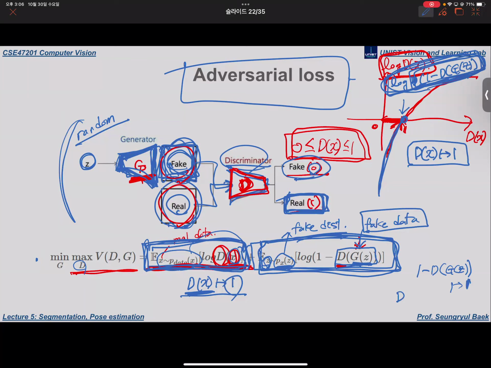Then it means D of G of Z has to go to 0. So this means when you input the fake data to the discriminator, the discriminator's output has to go to 0. Okay, so are you guys following this? So this formula is actually having all the information that I told you, right?